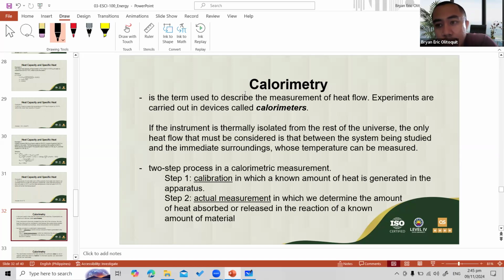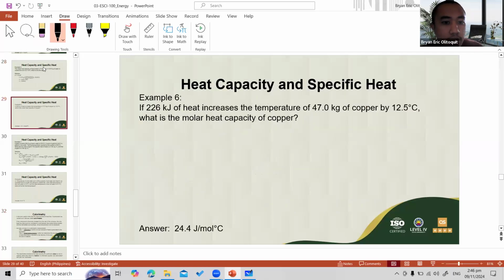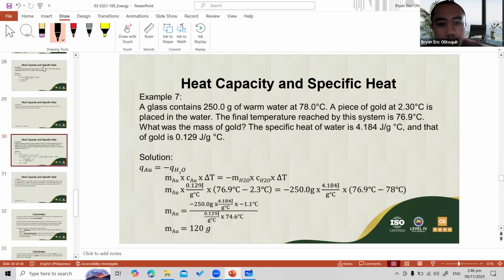So, in this scenario, in calorimetry, if you observe yung future slides natin, yung mga nangyari sa calorimetry is the same as what happened in, saan na ba yan? In this problem, no?